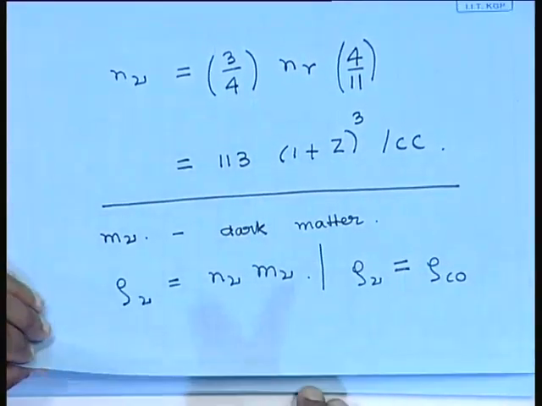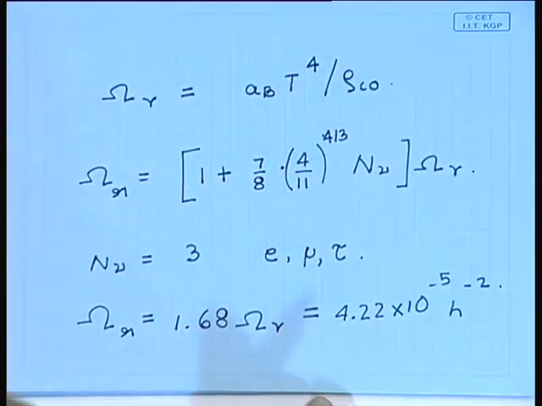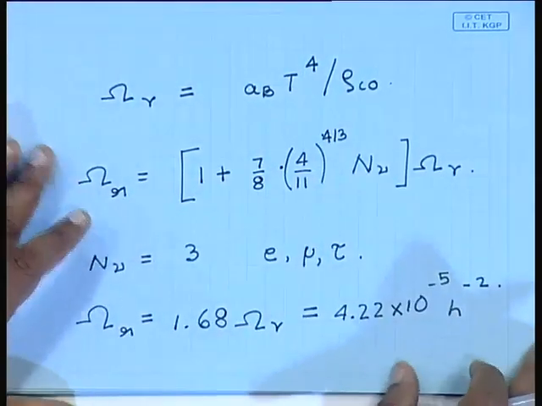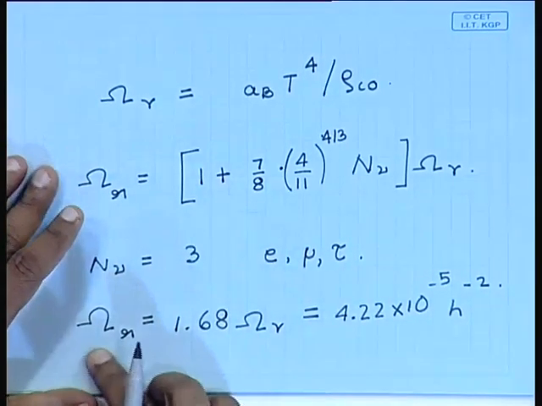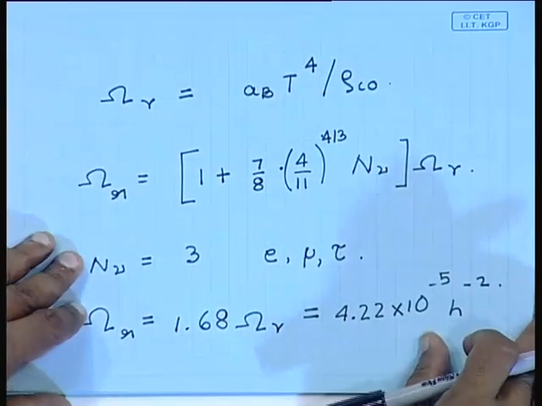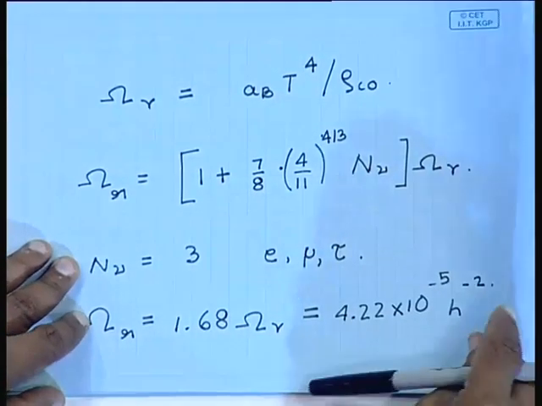If the mass were more, then you cannot treat it as a relativistic particle, it would be non-relativistic, and then it could act like dark matter. Okay. So in the standard scenario, the neutrino is relativistic at present, and this is the contribution to the density of relativistic particles.